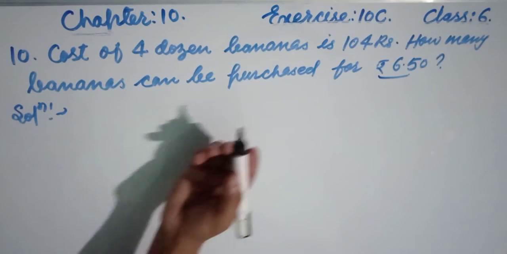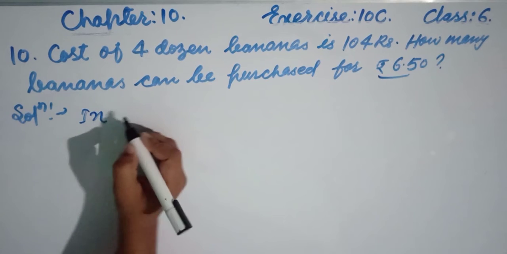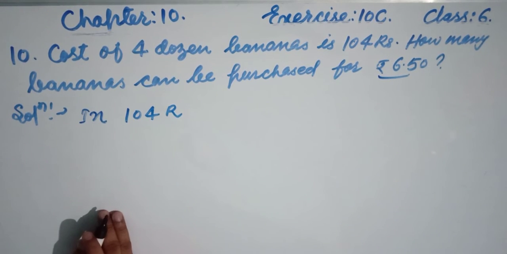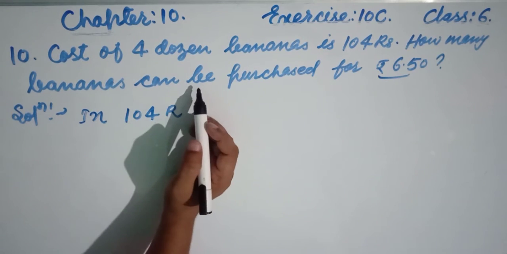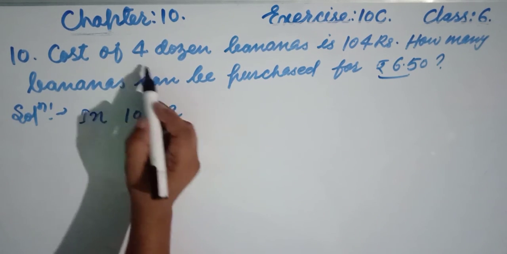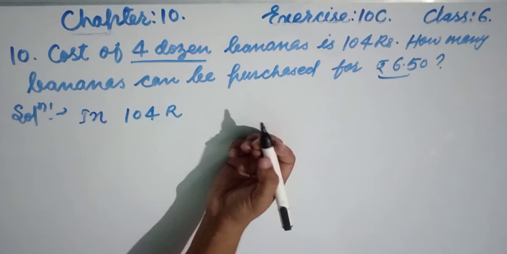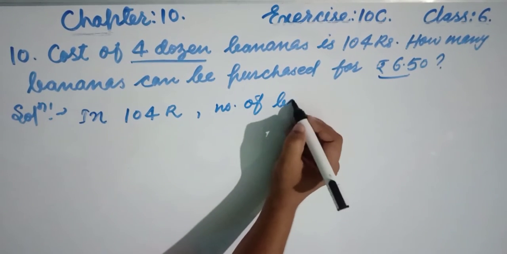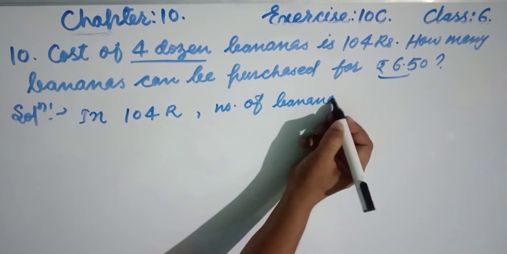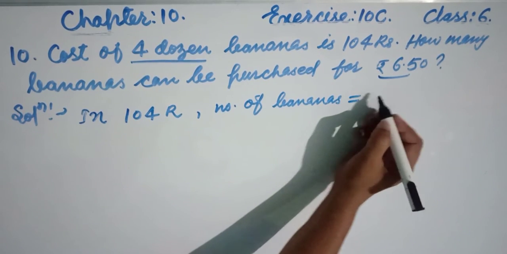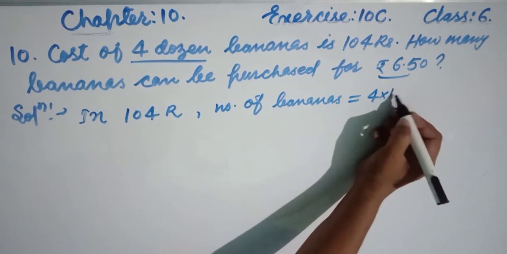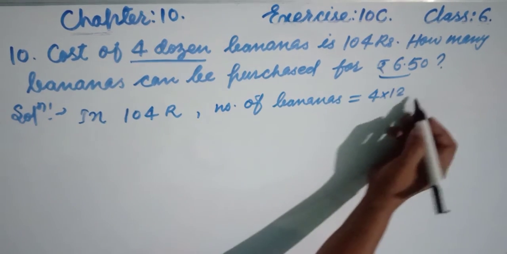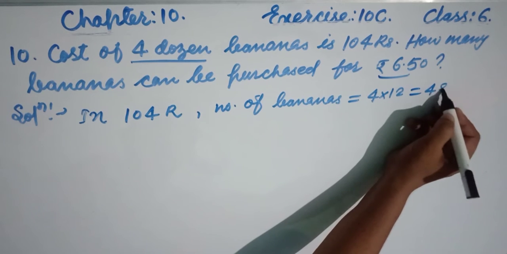First write the statement friends, in 104 rupees the number of bananas friends, here the 4 dozen. Okay, number of bananas friends means 4 multiplied by friends 12 because 1 dozen is equal to 12. So 4 dozen means friends this is 48.